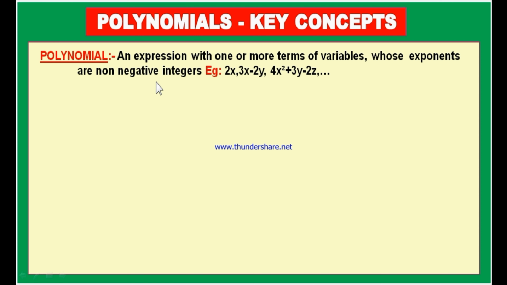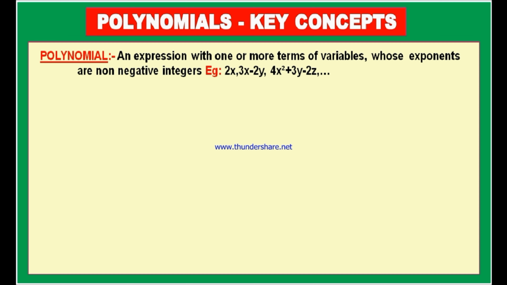What are integers? Please recapitulate. Integers may start from minus infinity and so on, minus 3, minus 2, minus 1, 0, 1, 2, 3 and so on. Here the exponent should be a non-negative integer. Non-negative integer means you remove the negative numbers from the integers, then you will get 0, 1, 2, 3, 4 and so on.